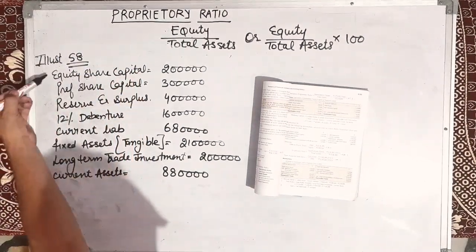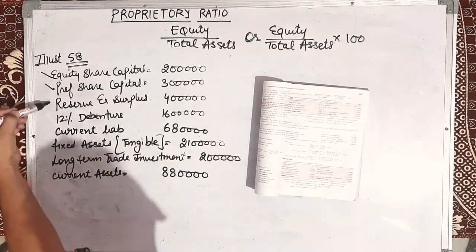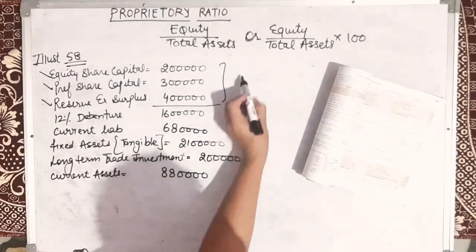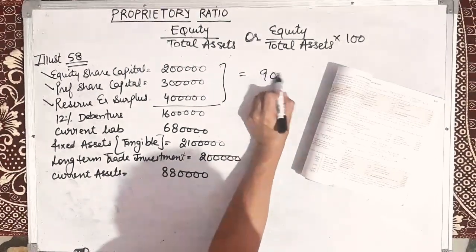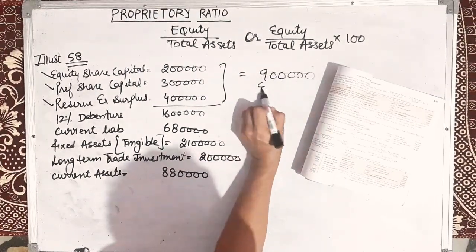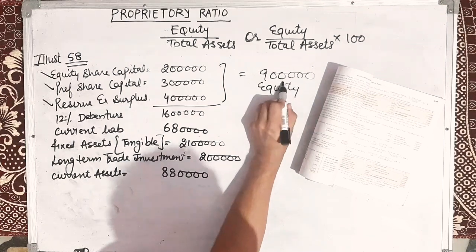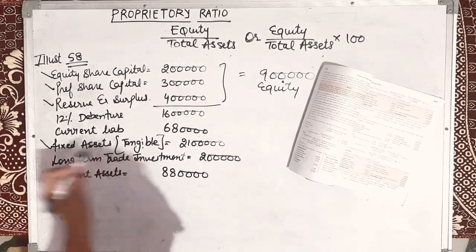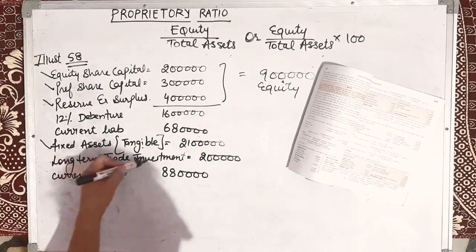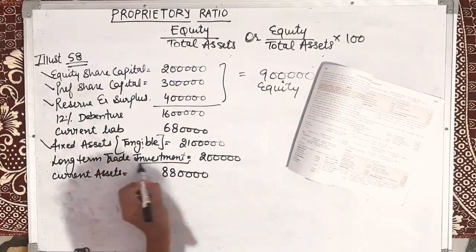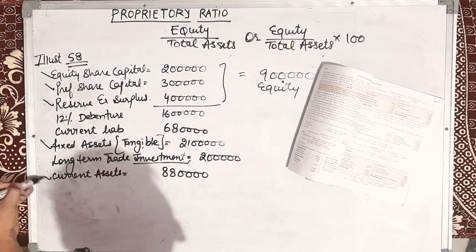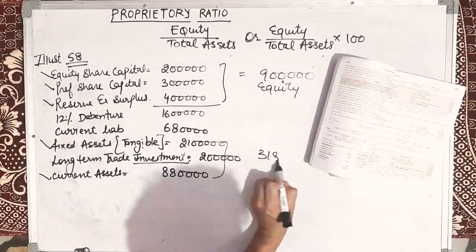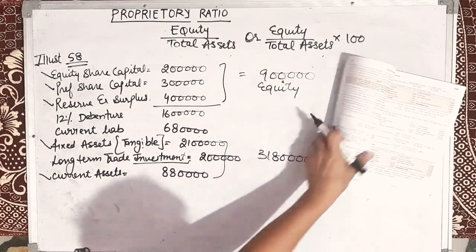Equity is equal to equity share capital, preference share capital, reserve and surplus. The total of this is equal to 9 lakh. Total assets include fixed assets, tangible, long-term trade investment, which is the intangible asset, and the current asset. The total is equal to 31,80,000.